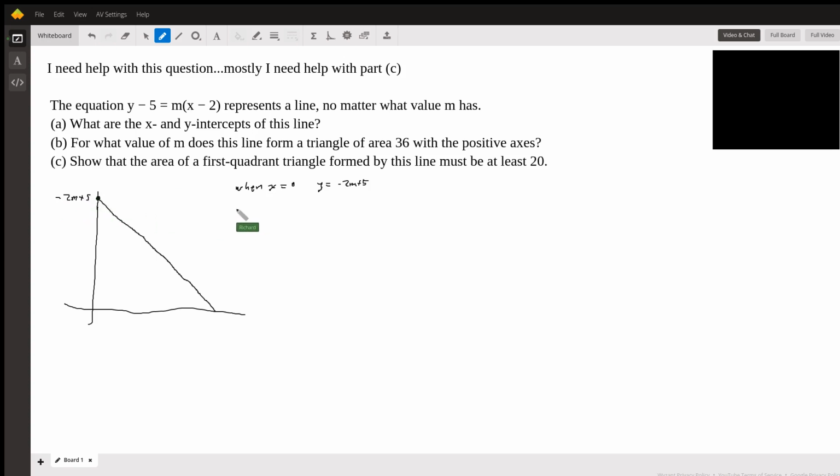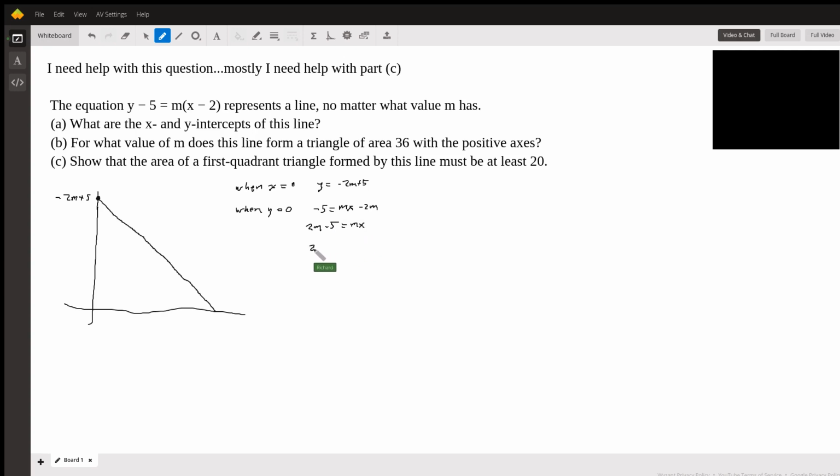So the other intercept is when y equals 0, and that's going to give us negative 5 is equal to mx minus 2m, or, just bringing over the 2m now, 2m minus 5 equals mx.